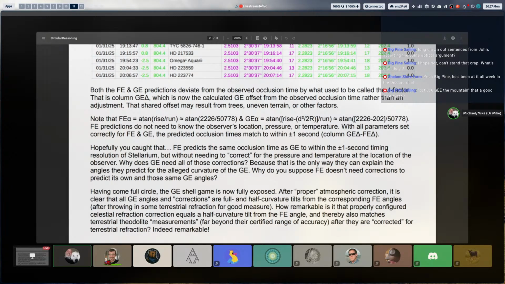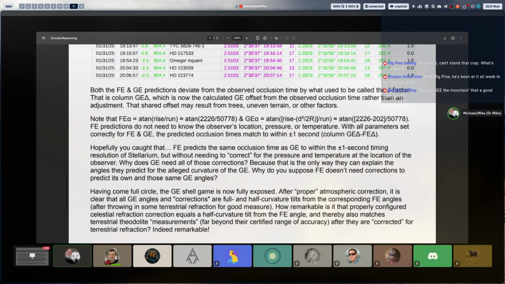With all of those parameters set correctly, globe Earth predictions match the flat Earth predictions within plus or minus 1 second, and that's shown in the last column of the table, which is just the globe Earth difference minus the flat Earth difference. Those being the differences between the prediction and the occlusion time.